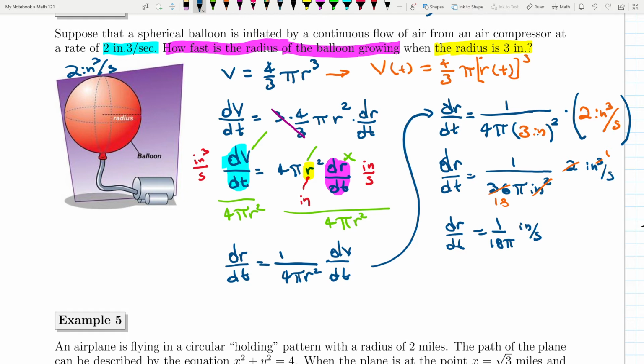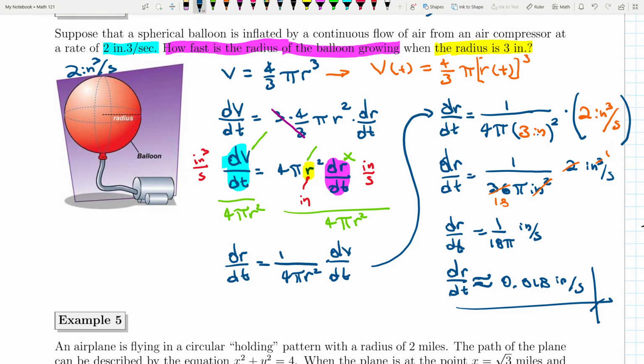Typically our homework might want answers approximated to certain decimals. In decimals, this is approximately 0.018 inches per second. All right, and this was our first example in related rates.